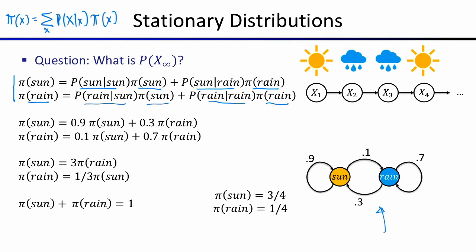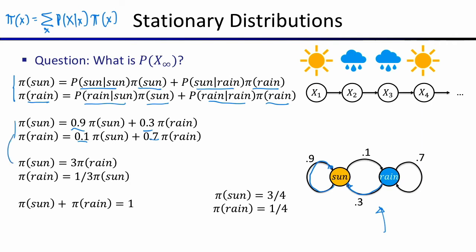So the probability of sun given sun is going to be this one here, 0.9. The probability of sun given rain is going to be this one here, 0.3, and I specify all the values. So once I have this, I will simplify.